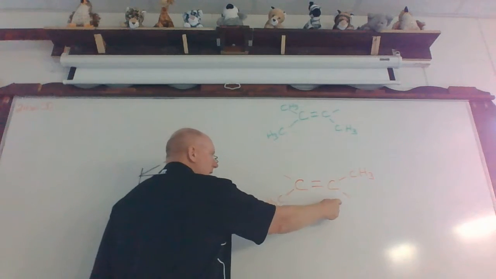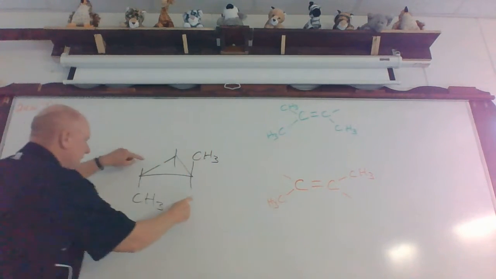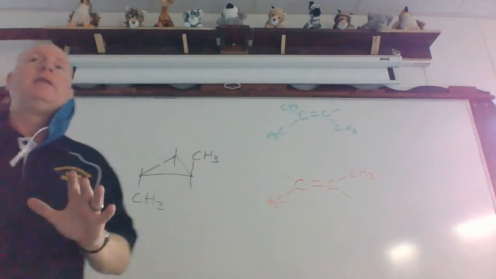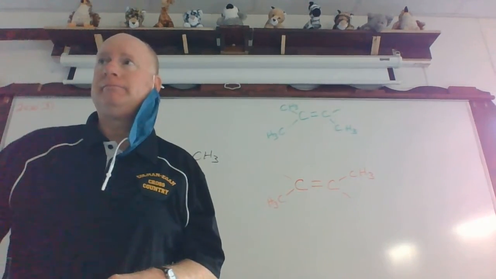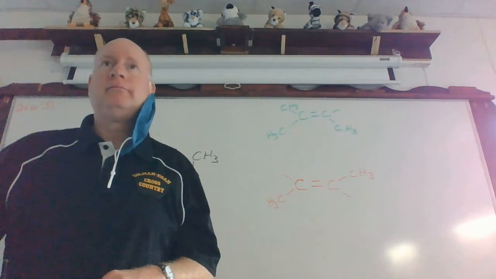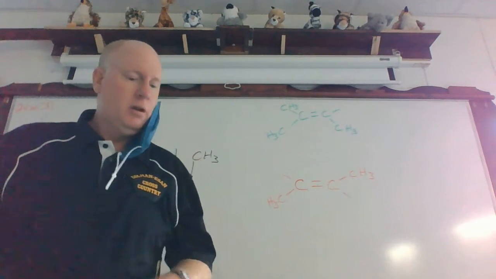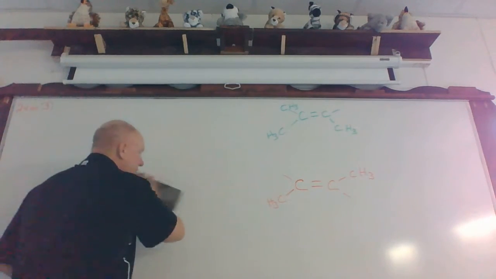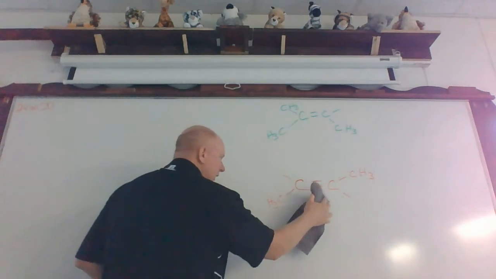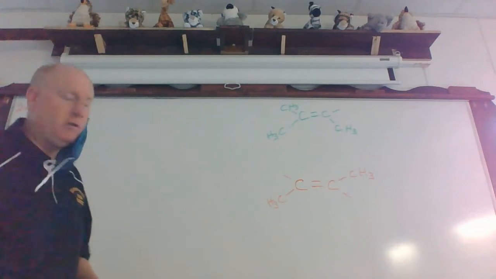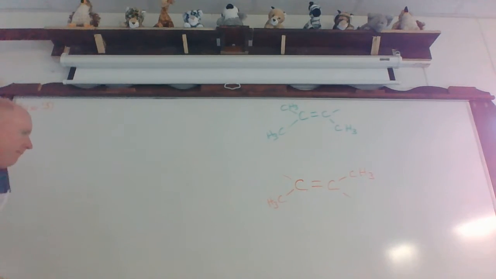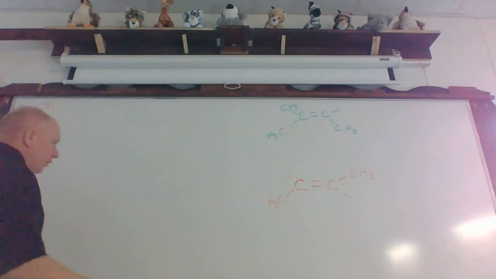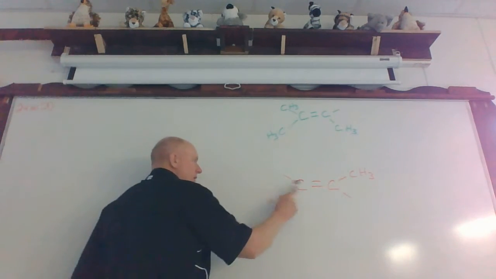Those are pointing in opposite directions, just like these hydrogens are pointing in opposite directions. Does that make sense? Okay. So if that is the case, which it is, this is butene, but we need to be a little more specific with that. Just look at your hydrogens. They're pointing in opposite directions.